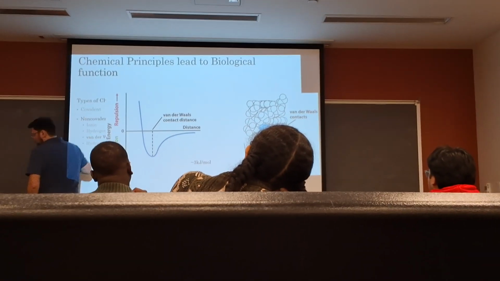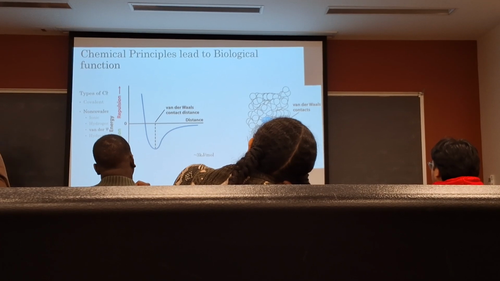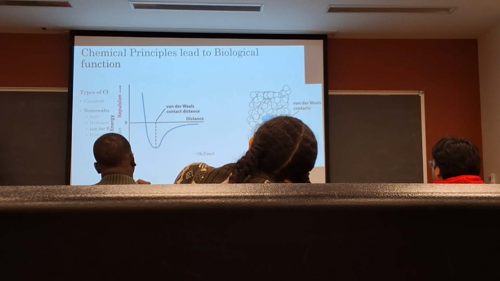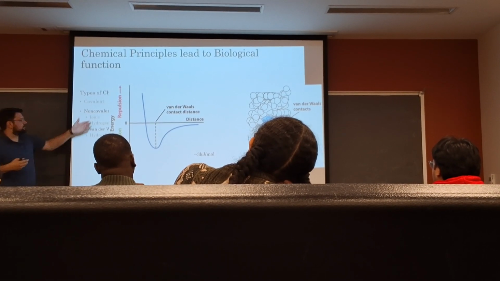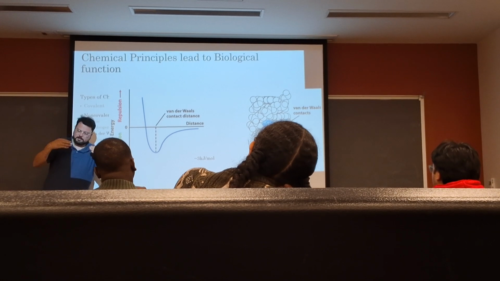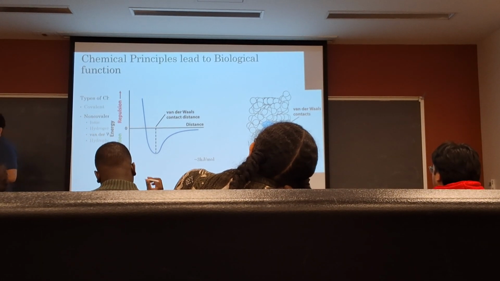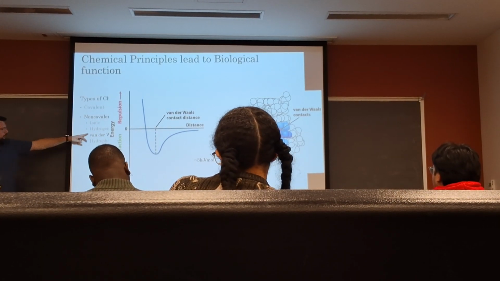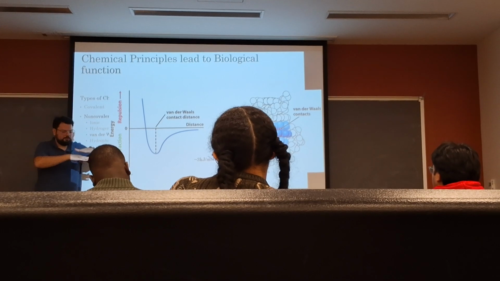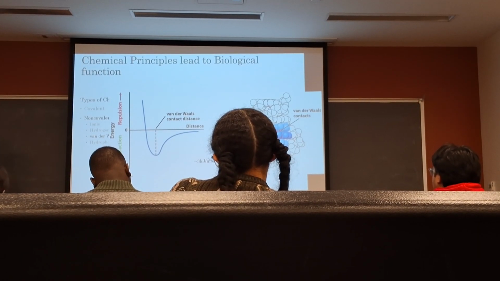The ionic interactions have to be overcome in order to stop those phosphates from repelling the other strand. Hydrogen bonds help to bring the two bases together. Van der Waals interactions help to stabilize the overall structure of DNA by enforcing base stacking.